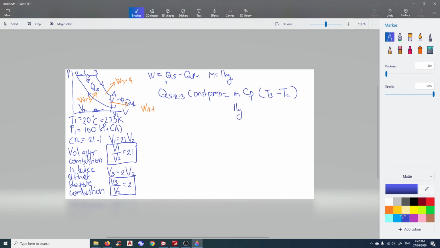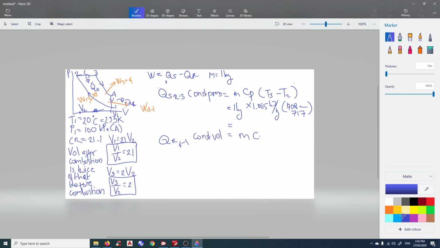So 1 kilogram multiplied by 1.005 kilojoule per kilogram Kelvin. We know T3, 1708 minus 717. Q reject from 4 to 1 is constant volume.